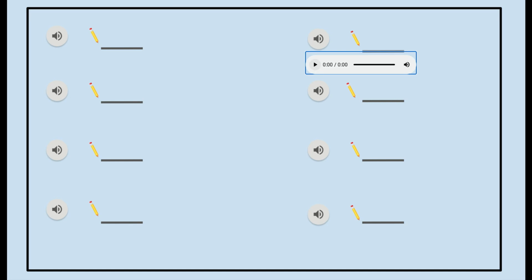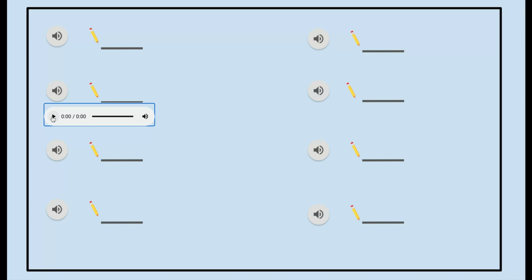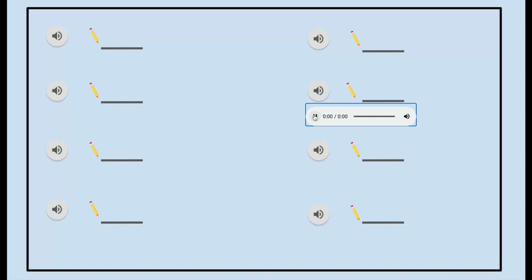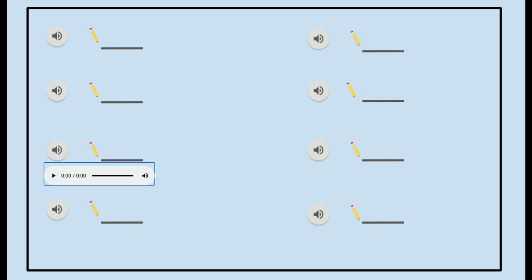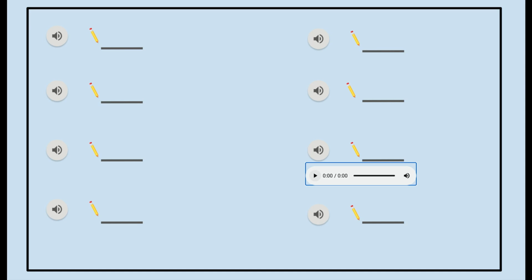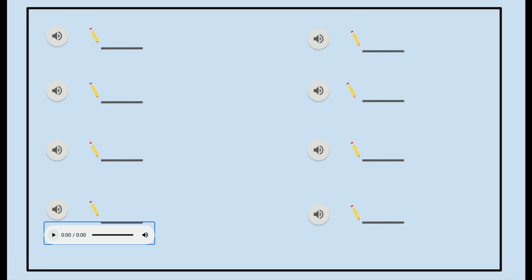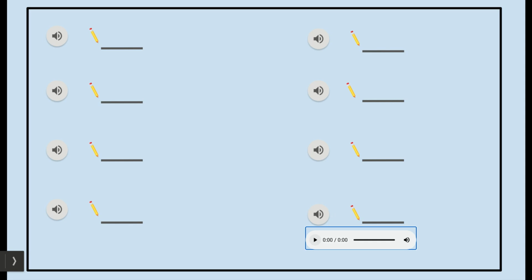Number 2, W. Number 3, G. Number 4, A. Number 5, A. Number 6, R. Number 7, D. And the last one. All right, let's check your work. Ready? The first sound.